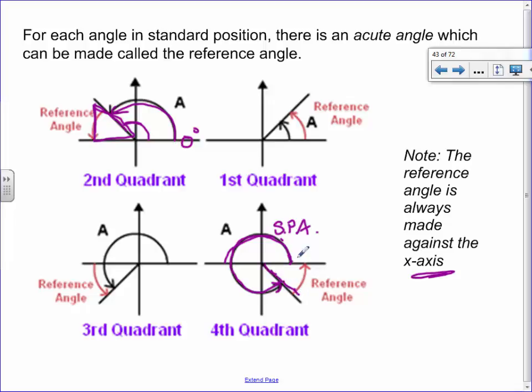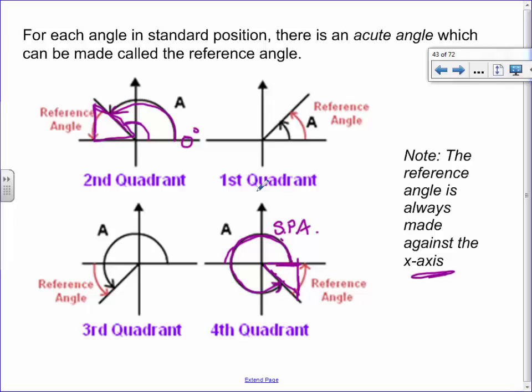You guys see how you can make a little triangle inside here? It's kind of like whatever Pac-Man eats. All the way around here is Miss Pac-Man. The reference angle would be like a little leftover triangle. So that's our terminology. Standard position: start at 0, start opening the alligator mouth as far as you can, even past 360, even past 180.